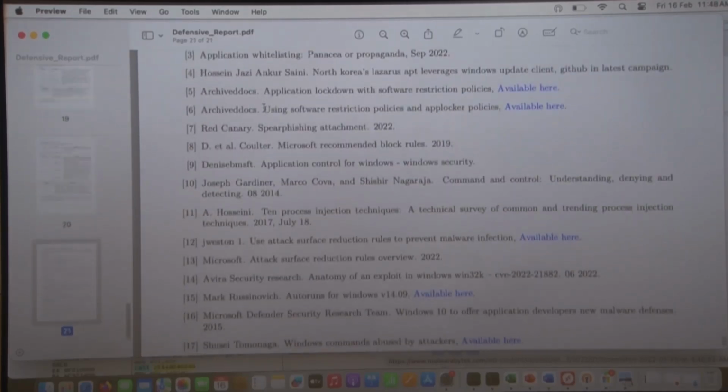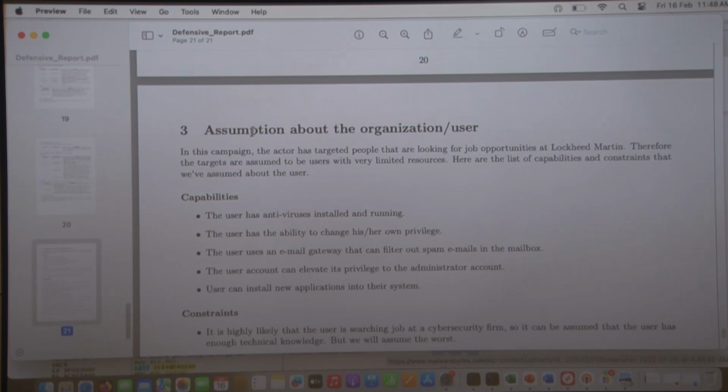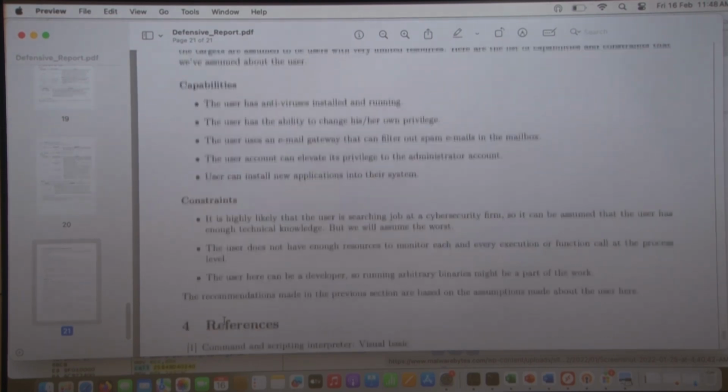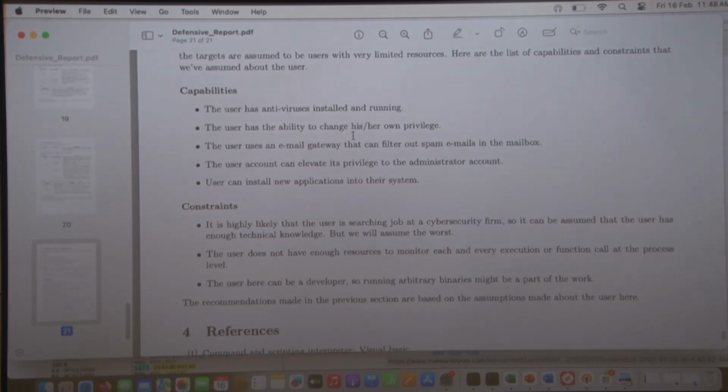There are several techniques we mapped. For assumptions, you can see we listed assumptions related to the victim organization's capability and what constraints they have. We assume that they already have antivirus, and that users have the ability to see and change their own privileges.